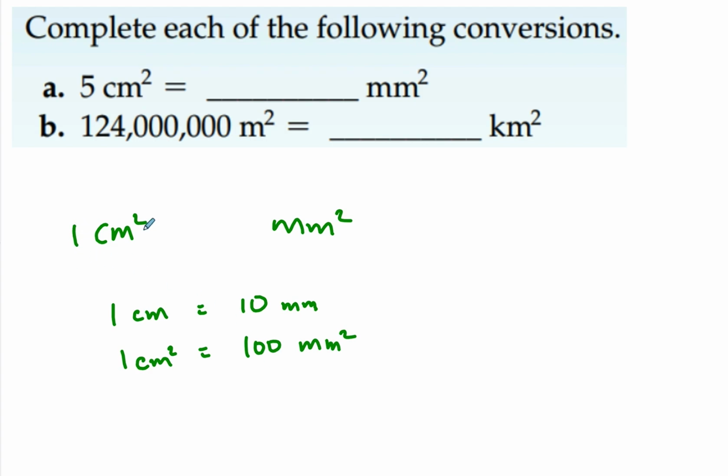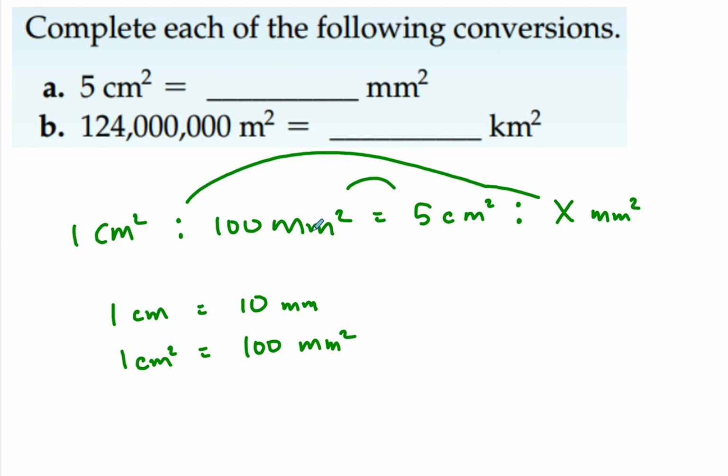If we know the 1 to 100 relationship, we can set it up. Now we are given 5 square centimeter, which is in the front, so you can put 5 square centimeter is equal to how many square millimeter. You can set up a proportion like that, and we know that inner and outer, right?